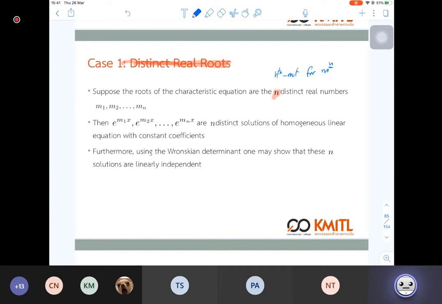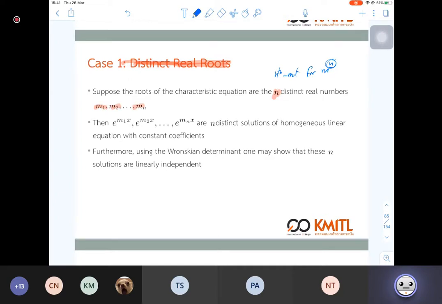The number of roots is equal to the order you have, okay? So you have n distinct roots, coming from m1, m2 until mn.